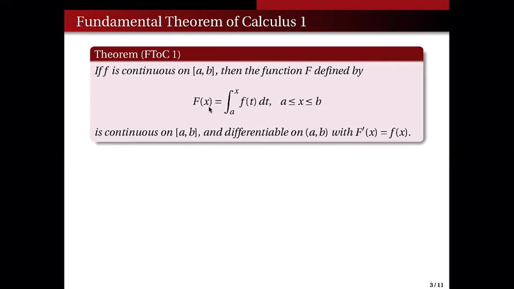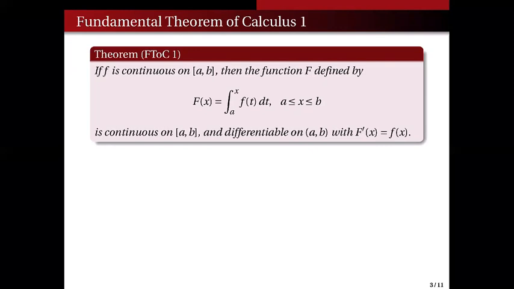And furthermore, if you get the derivative of this capital F of x, this will become small f of x. Now, because of this, it means that capital F of x is actually an antiderivative of small f. So we will see that later.